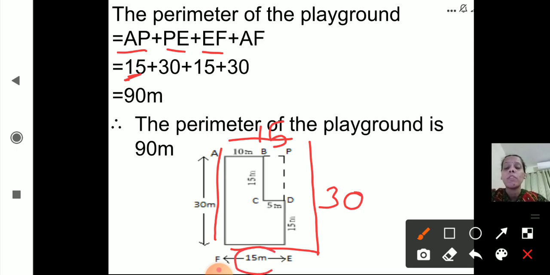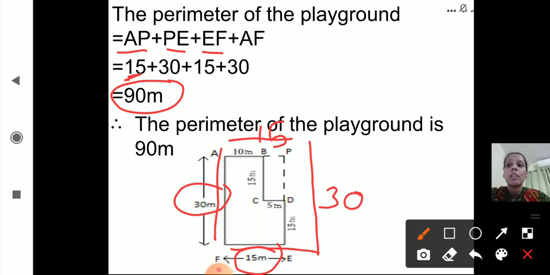This is 15, which is given in the question. And this is 30. So we will put all the values and add all the numbers. 15 plus 30 plus 15 plus 30. We will add all the 4 numbers. What is the answer? 90. And what is the unit? M, that is meter. So therefore the perimeter of the playground is 90 meter.